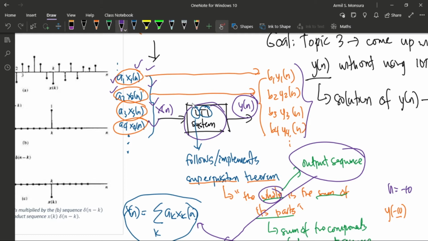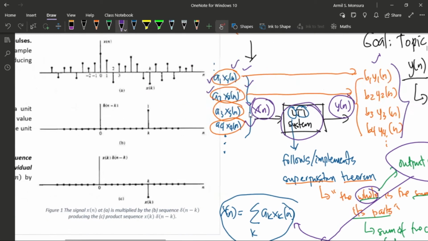But we will have a more compact way of implementing that doon sa system niyo. Hindi naman talaga tayo magpo-produce ng components ng x of n isa-isa, and then i-compute natin yung components ng y of n isa-isa tapos i-add natin sila lahat. Well, in essence, ganun yung mangyayari, pero the algorithm is actually more compact than it appears.